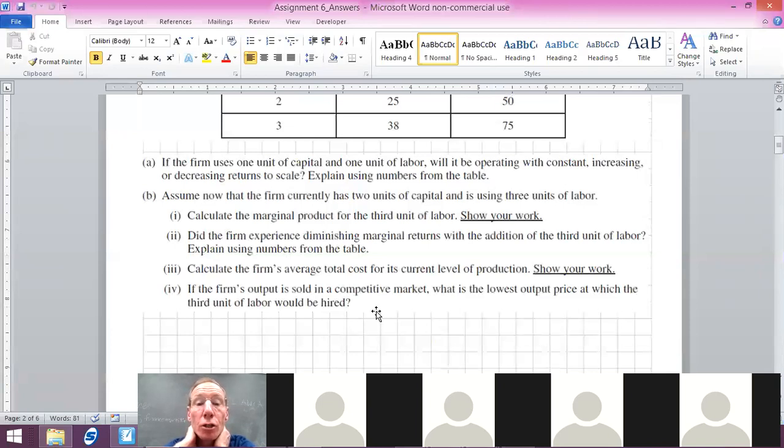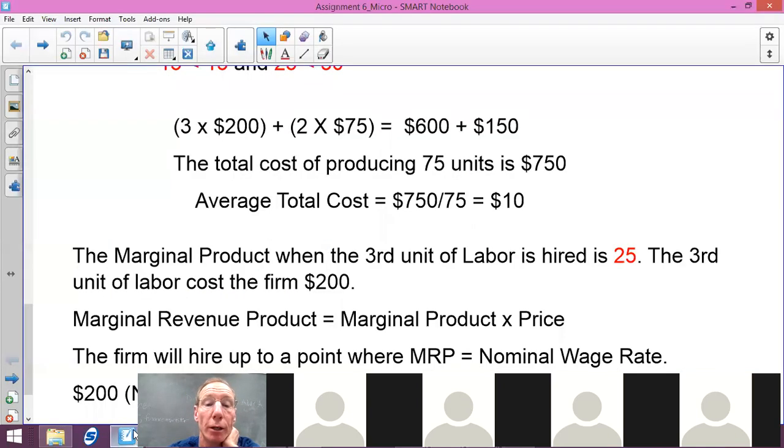So if it's sold in a competitive market, that means that marginal revenue has to equal the price, and that the wage rate cannot be over the marginal revenue product. Okay, what does that mean?